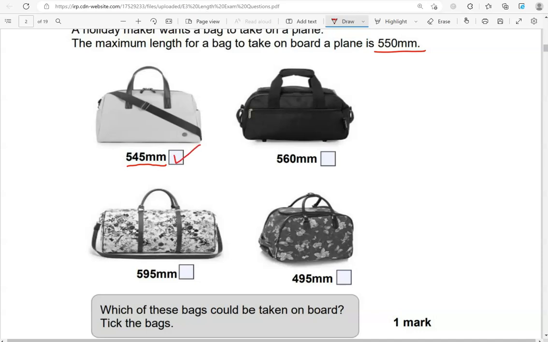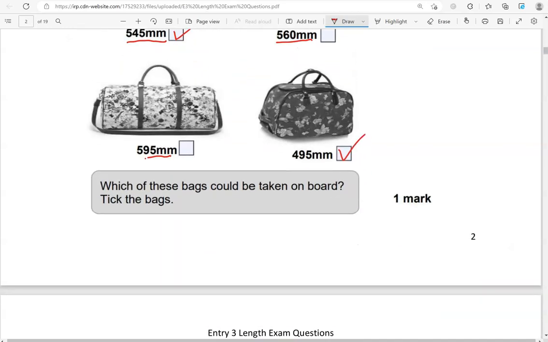So that could go on the plane. 560, that is greater than 550, so we can't tick that. 595, that is greater than 550, nearly 600, so we can't tick it. 495, that is below 500, so that means it's also below 550, so we can tick that. So these are the two bags that could go on the plane.